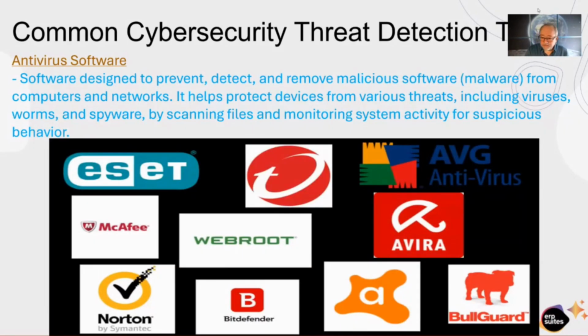I think all of us are probably familiar with this to some degree. This is software designed to prevent, detect, and remove malicious software from computers and networks. It's signature based. Most of the time, it can do some behavioral, depending, but it's a common piece of threat detection that is used pretty much across the board.